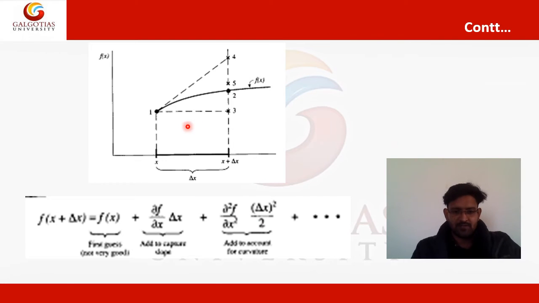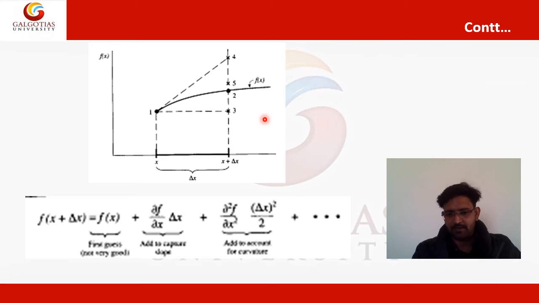Now if we look at the graphical approach, this is f(x), this is your x, this is point 1, and this value is x plus delta x. This is the graph of our function f(x), and this is point 2. We can reach point 2 in different ways: one is along the curve; another is going from 1 to 3 and then moving from 3 to 2; or we can go from 1 to 4 and then drop from 4 to 5.